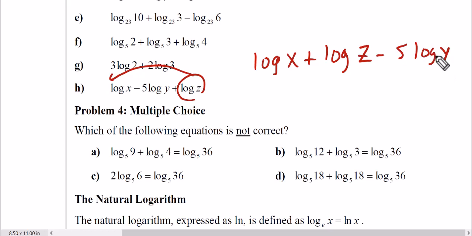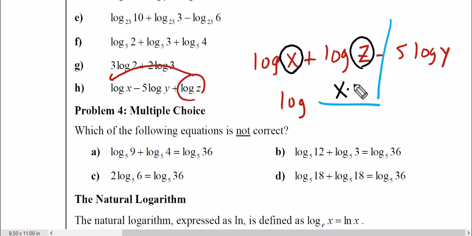So I want to have all the pluses to the left, all the minuses to the right. And then if I express it as a single logarithm, this is, of course, where my fraction begins. So there's a division. And here this argument is adding to this argument, so that means they're multiplied. And then over here, the 5 goes back to the y, and it's in the denominator. And if we want to be formal about it, we have parentheses.